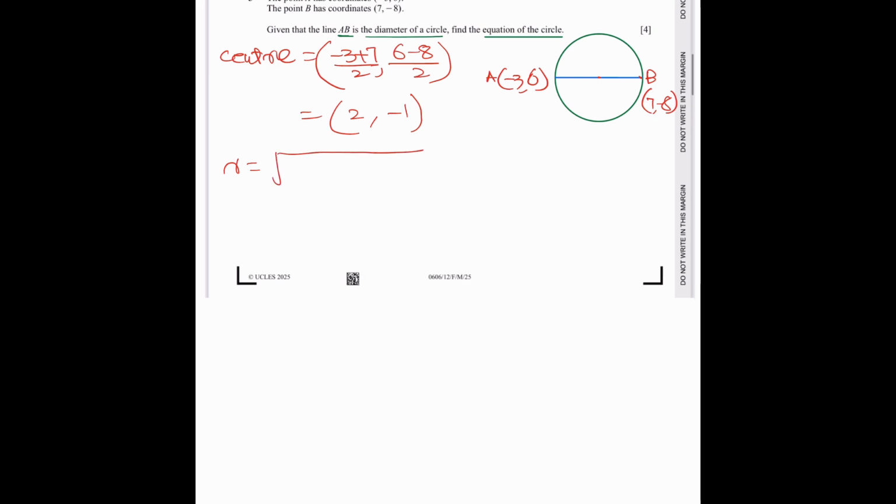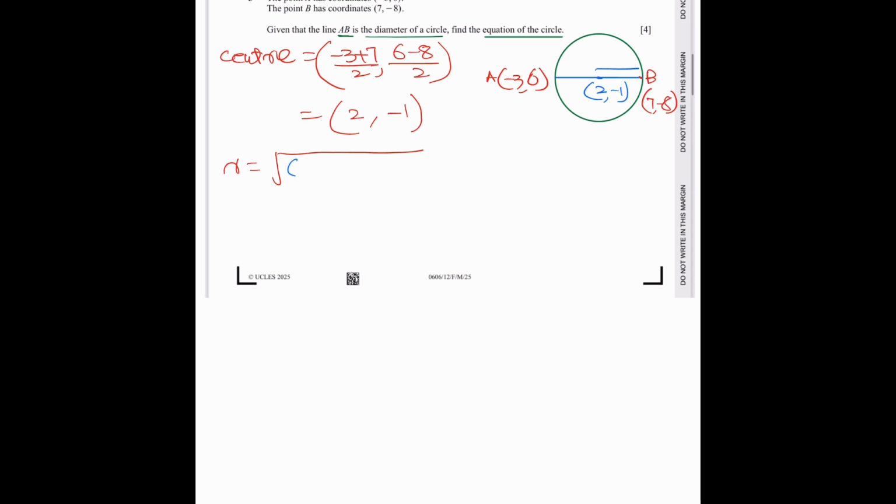So this is the center and the center is 2, negative 1. Now from the center to the point B you can find the radius, or from the center to the point A you can find the radius.